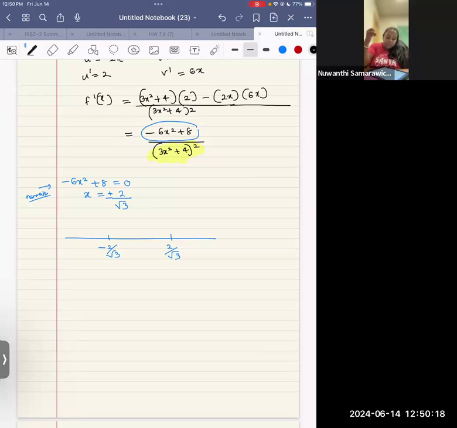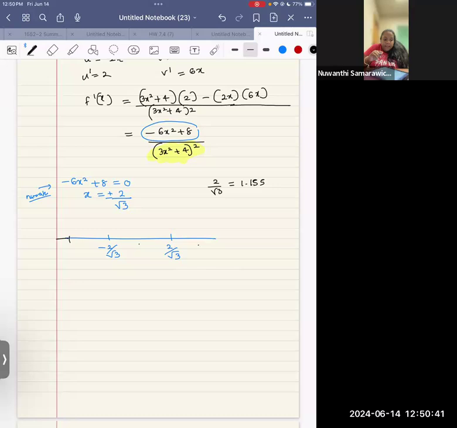So let's just check. 2 over square root 3 is about 1.155 roughly. So let's take a point here, and here, and just check the sign.